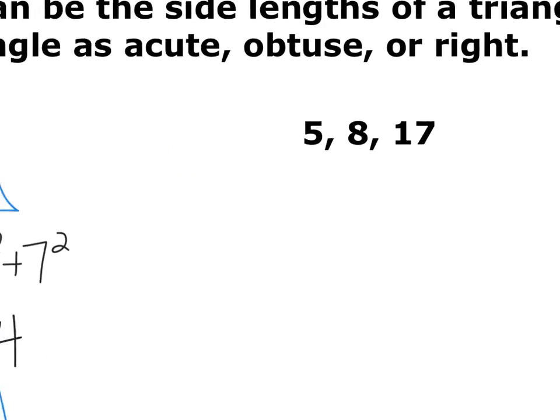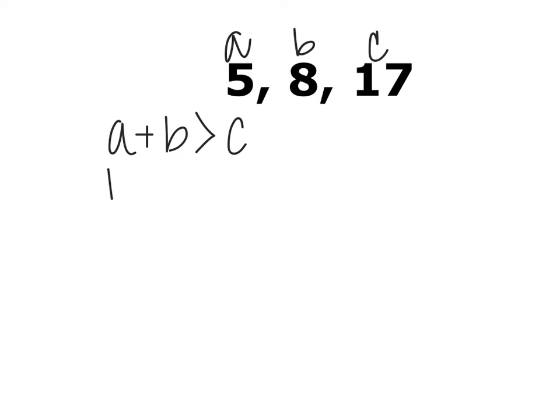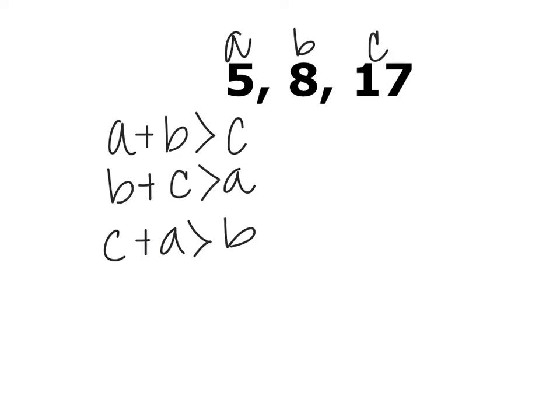Okay, let's look at this one. Label our sides a, b, and c. We need to check to see if it's even a triangle first. Is a plus b bigger than c? 5 plus 8 is 13, bigger than 17? No wait, checking each pair, so yes, that's true. 8 plus 17 is bigger than 5, and yes, we have a triangle.